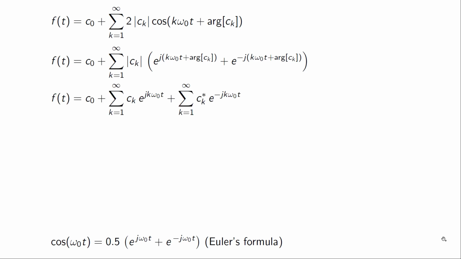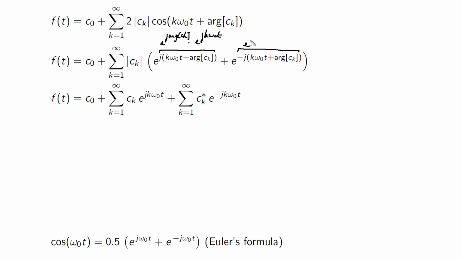So to go to the next expression, we'll use again this property of the exponential to rewrite this one and to rewrite this one. So this is the exponential of j times the argument of ck times the exponential of jk omega 0 t. And here you have the same thing but with minus signs, right?